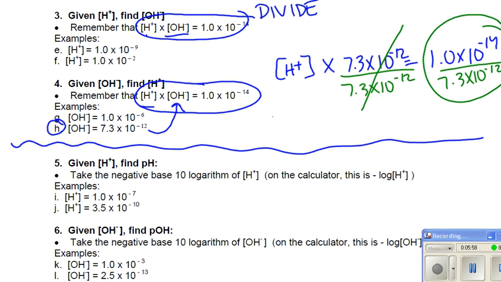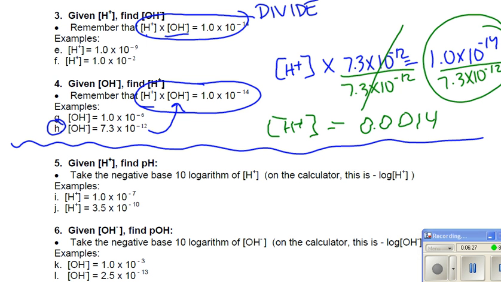I get the answer that the hydrogen ion concentration is equal to 0.0014. If it's 0.0014, you have to change this into scientific notation.